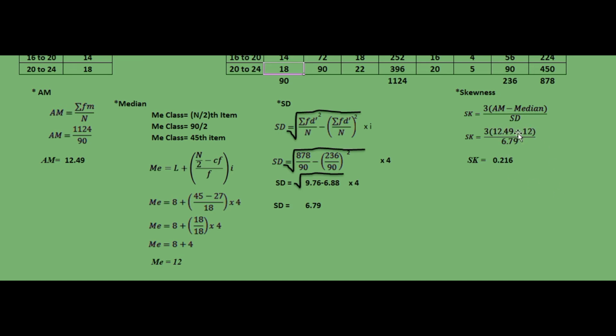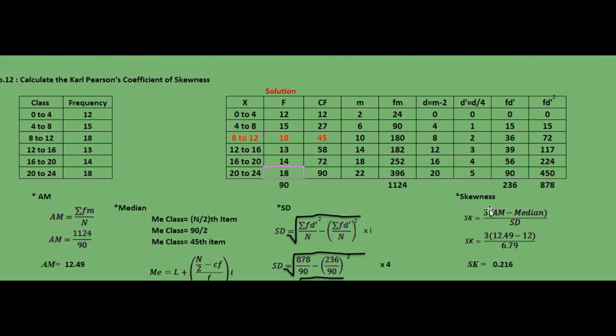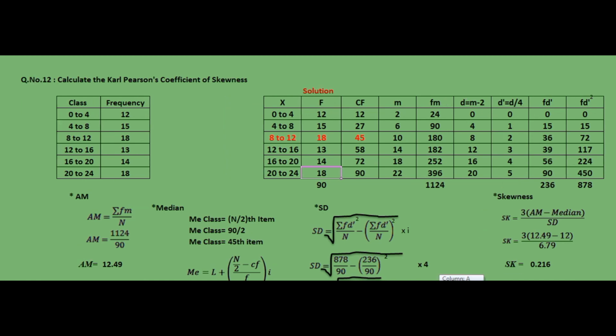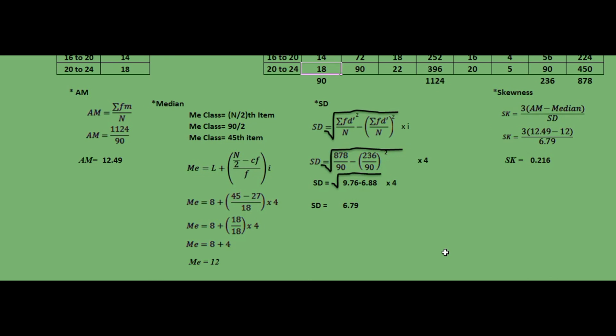The answer is 0.216. So this was your skewness. We know that the skewness answer comes plus or minus, less than 3. So this is all about the solution of question number 12. I hope this solution is clear to each one of you.